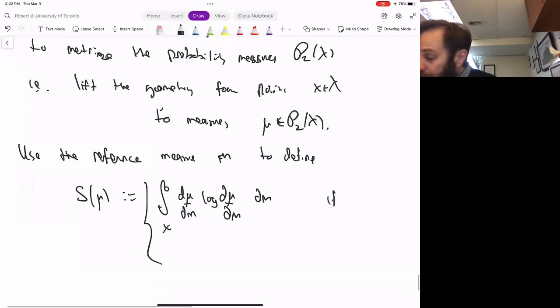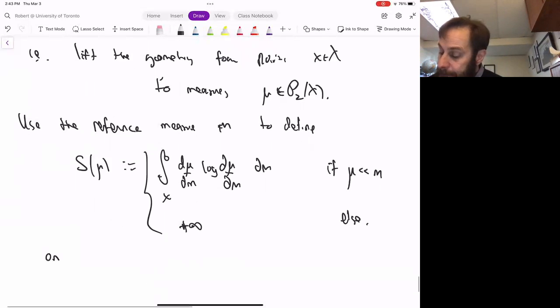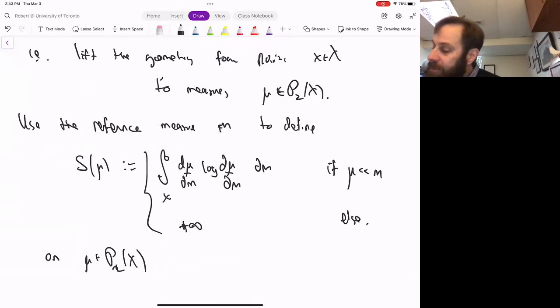And that's if mu is absolutely continuous with respect to m and plus infinity else. On mu can be anything in P2, I guess. And so sometimes this is because this is a sort of rho log rho entropy. It's reminiscent of what Boltzmann did in the kinetic theory of gases 100 or 200 years ago. And so this is sometimes called the Boltzmann or Shannon entropy. Shannon did something like this in information theory.